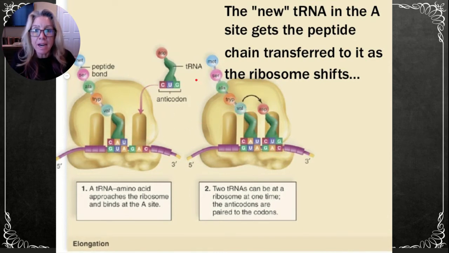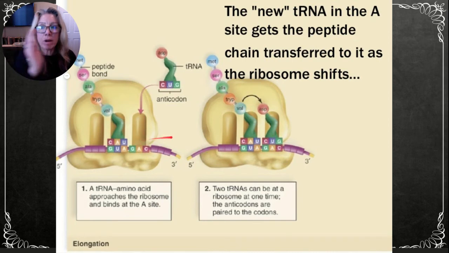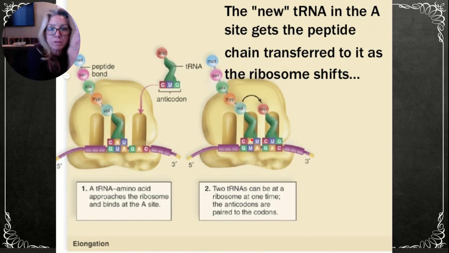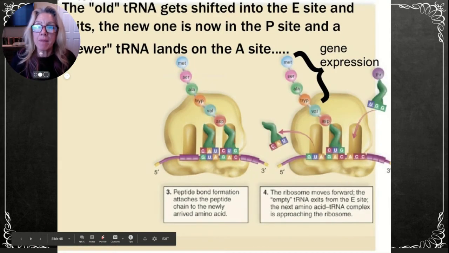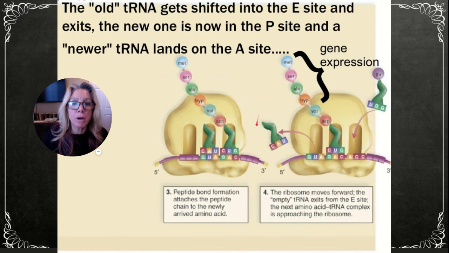And when it does that, the ribosome's going to shift, then this guy right here that's in the P site, the protein site, is going to get shifted. Just imagine the ribosome moving from left to right. He's going to get shifted into the exit site. So let's see how that happens right here. And I wrote it up here as well if you need it.